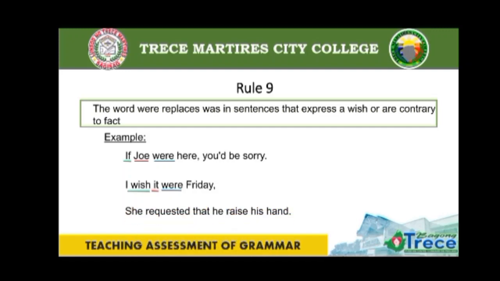So another example: she requested that he raise his hand. Because of this rule, even though he is singular, we are going to use a plural verb because of the words she requested.